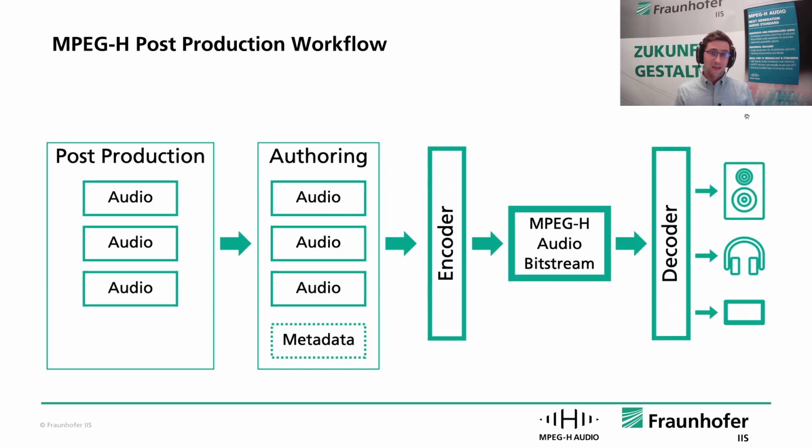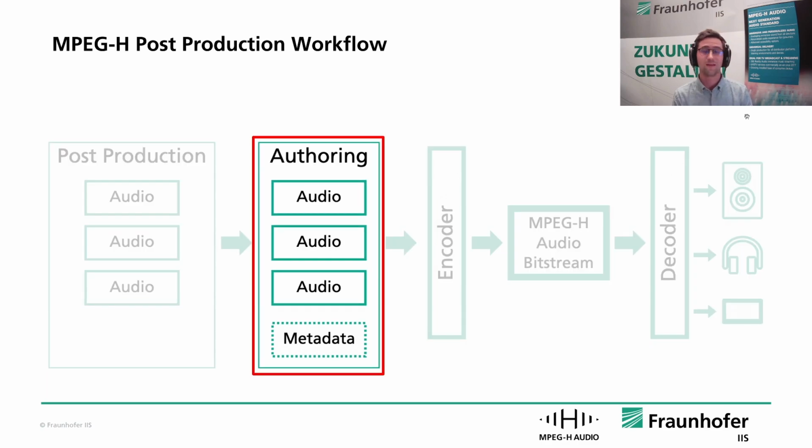When it comes to MPEG-H, this is actually not significantly different, except for one step which is added, or which is basically needed in terms of production of next generation audio, and this is what we call the authoring.